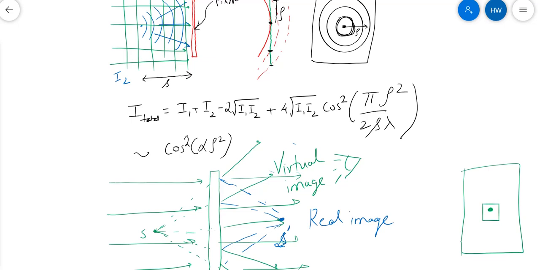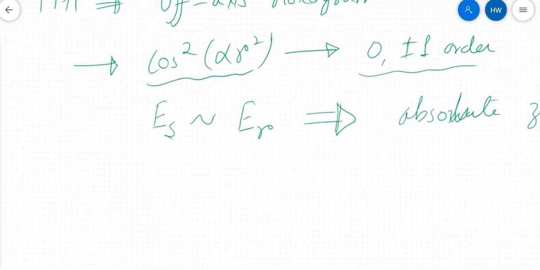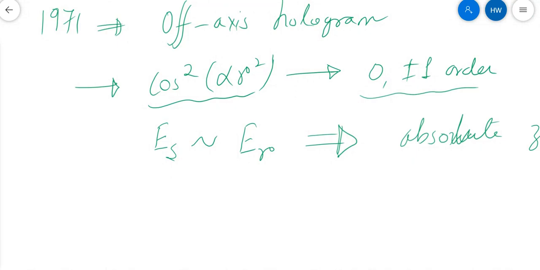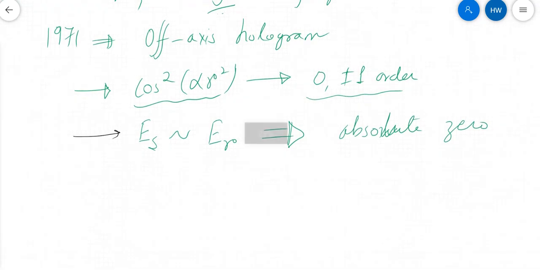When I1 equals I2, you have 2I and you have minus 2I, so that takes care of that. And when you get zeros of the cosine, you get absolute cancellation. So if I arrange my intensities to be comparable, I start having these absolute maxima and minima.